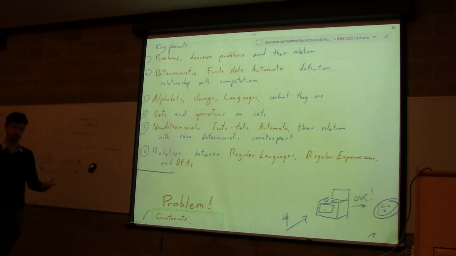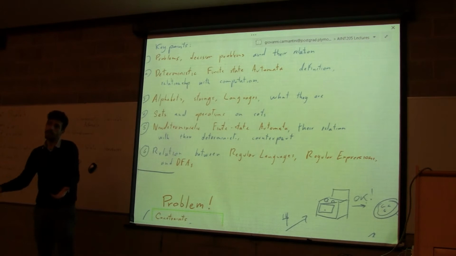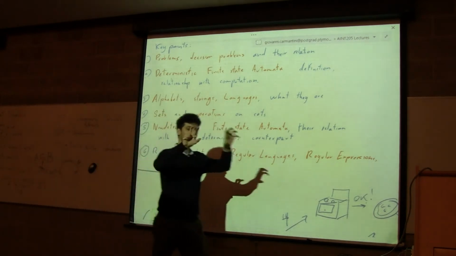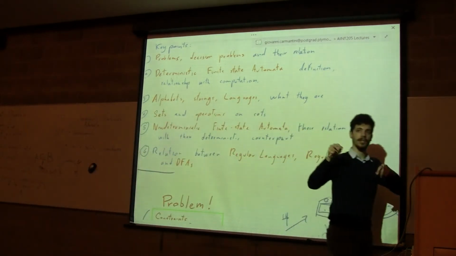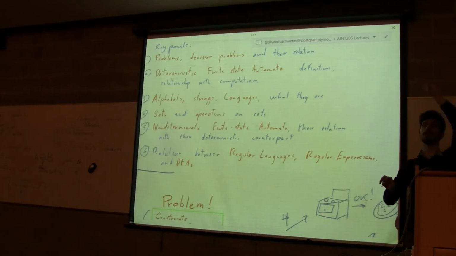The non-deterministic machine instead can go to two states at once. It's like spawning parallel processes, right? So you do two computations at once. So you receive A, and you go to state 1 and state 2. And then you receive B, and maybe state 2 will go somewhere, and state 1 will go somewhere else.